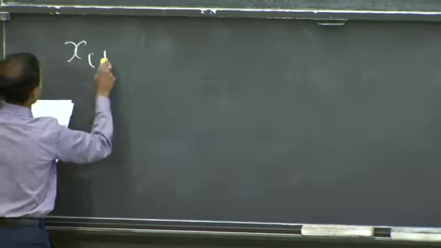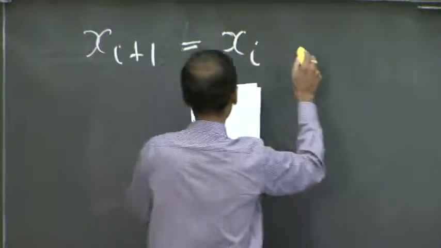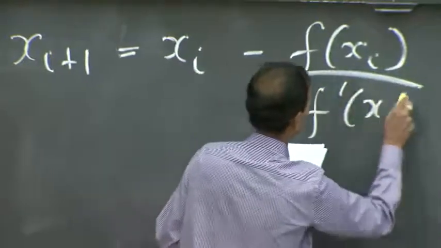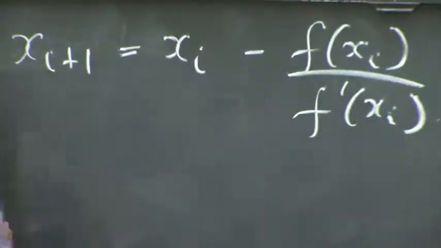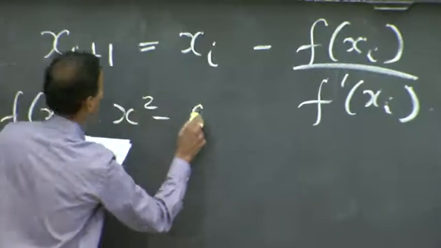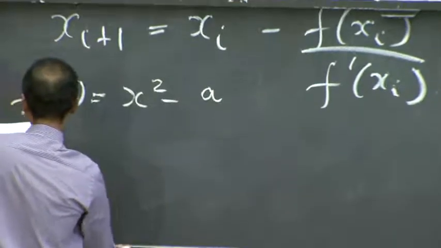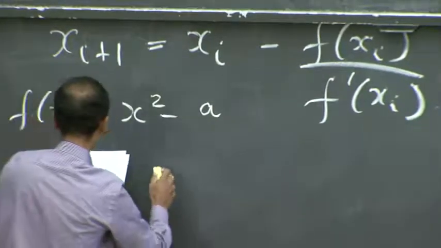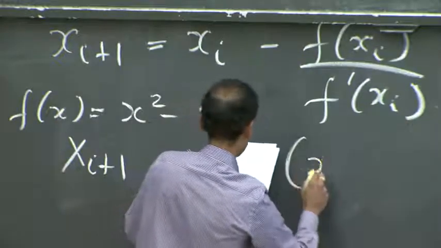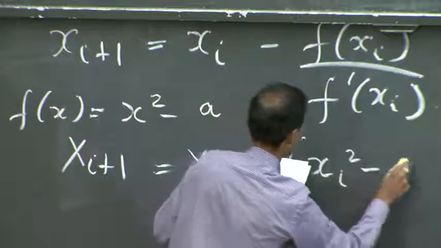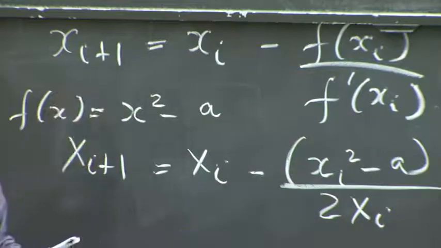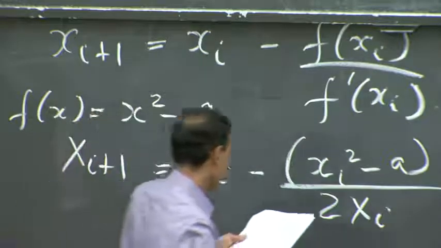We take that equation and turn it into xi plus 1 equals xi minus f of xi divided by f prime of xi. If you do f of x equals x squared minus a, then you have xi plus 1 equals xi minus (xi squared minus a) divided by 2xi, which is the derivative of x squared minus a evaluated at xi.